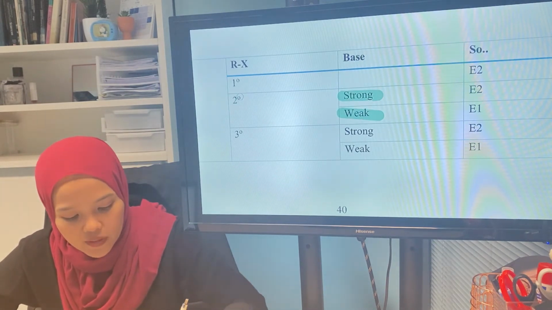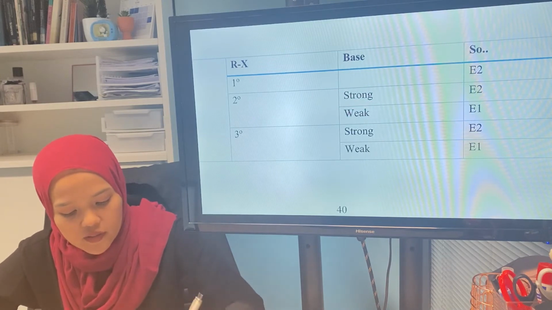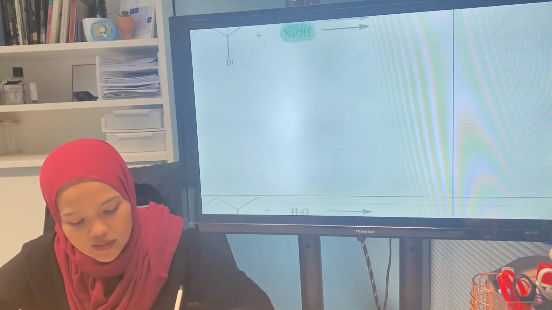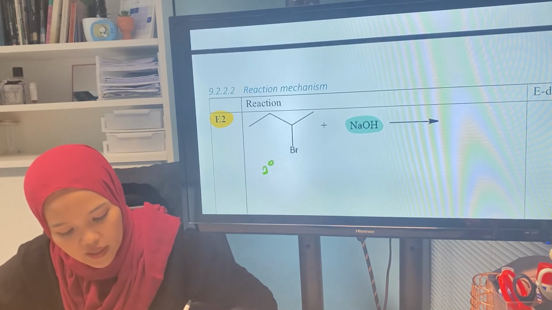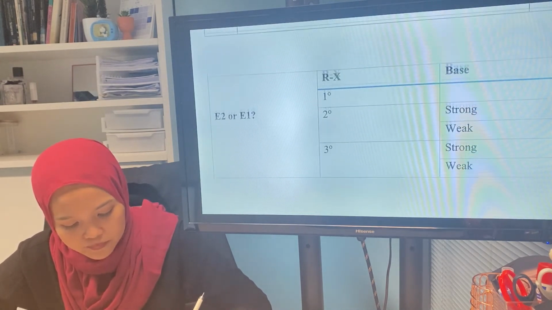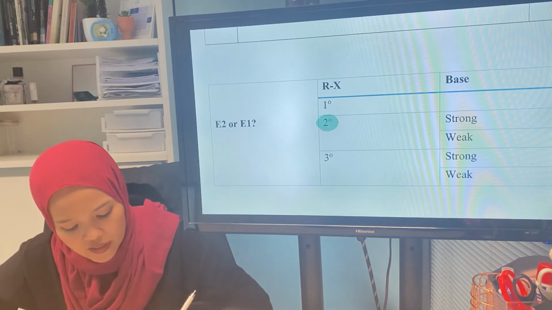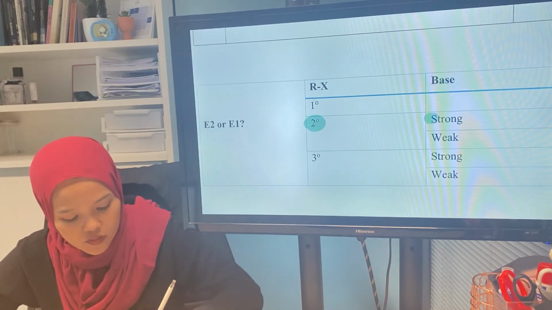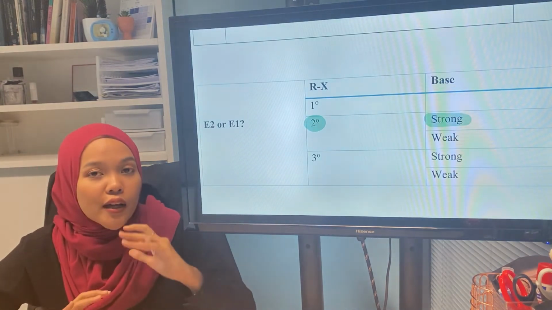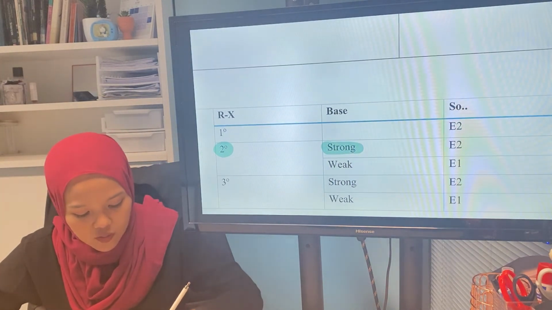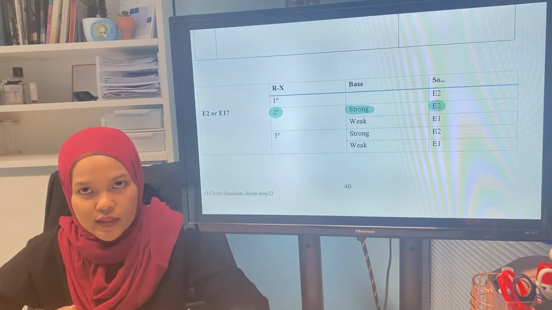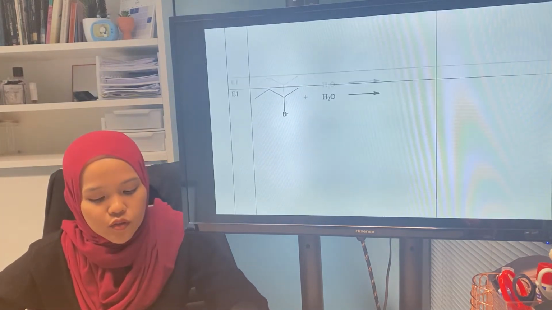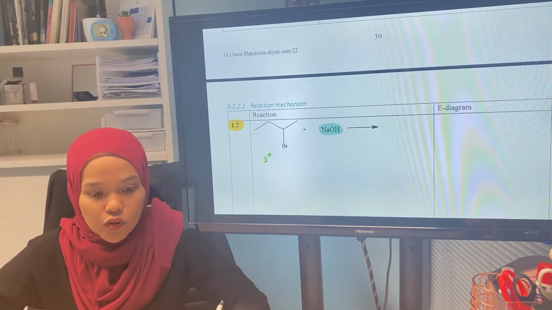First of all, look at the type. In this case, this is a secondary alkyl halide. So the base is a strong base because I use an ionic compound, so it is going to go with the E2 mechanism. This one you need to understand. When you understand, you are going to see it clearly, and it is easy for you to predict.